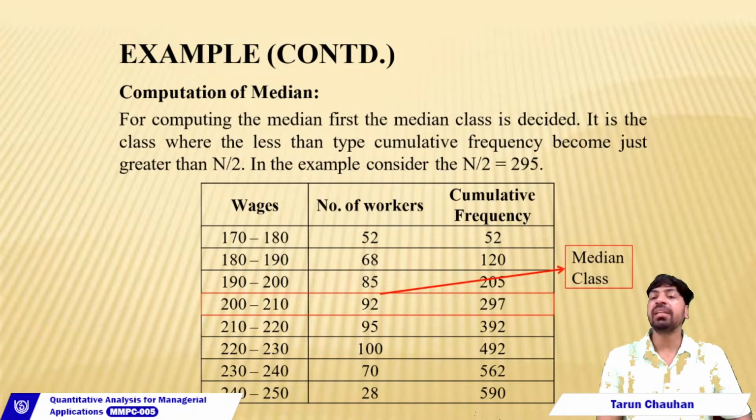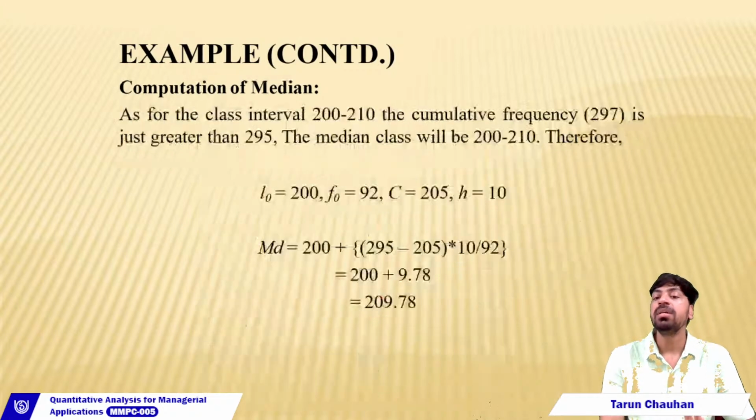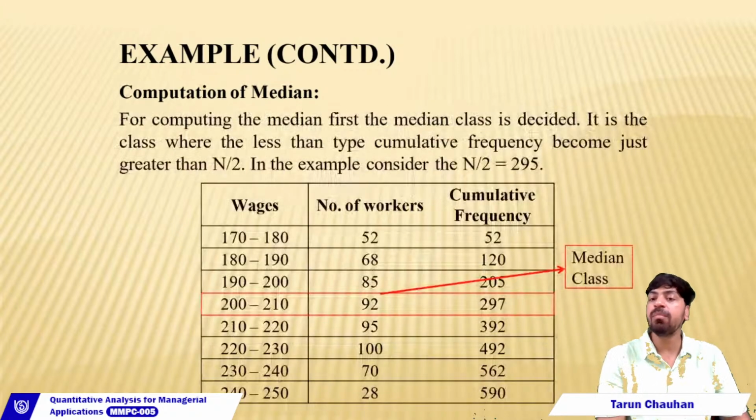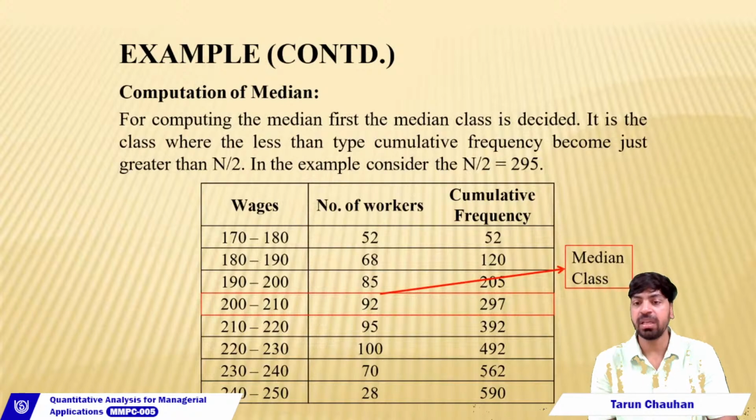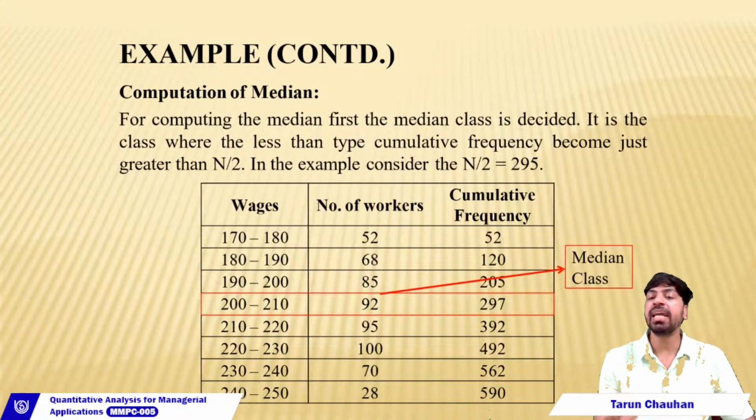Now we have to check the 295 term. You need to calculate the class interval, that is the lower limit, as per the formula. So the 295 term or item has been calculated. You need to check from the cumulative frequency which two values of cumulative frequency 295 comes under.